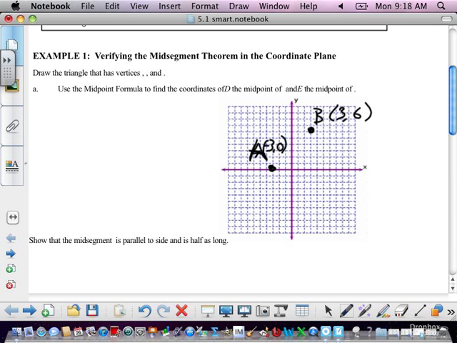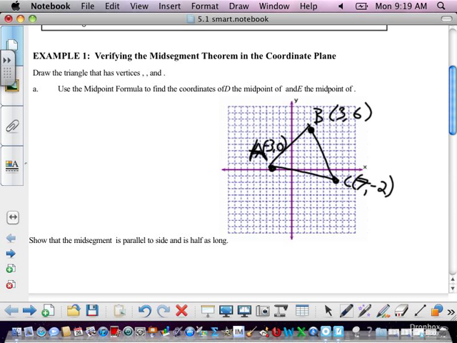And we've got C, which is 7, negative 2. So right here, this is my triangle.